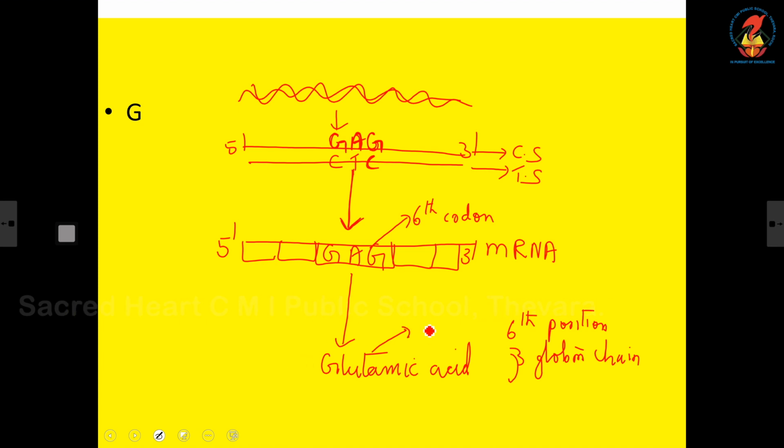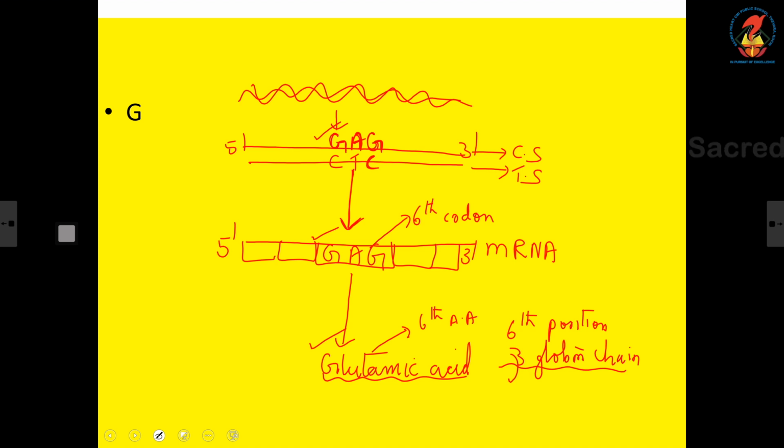So this will be the 6th amino acid in the protein. So this is normal. GAG is normal, there is no mutation taking place. Therefore, the mRNA that is transcribed will be GAG, and the protein that is translated also will be a normal beta globin chain with the 6th position having glutamic acid, which is normal.